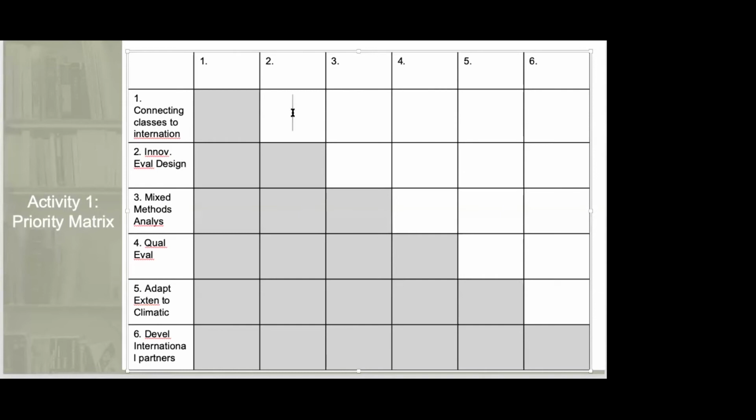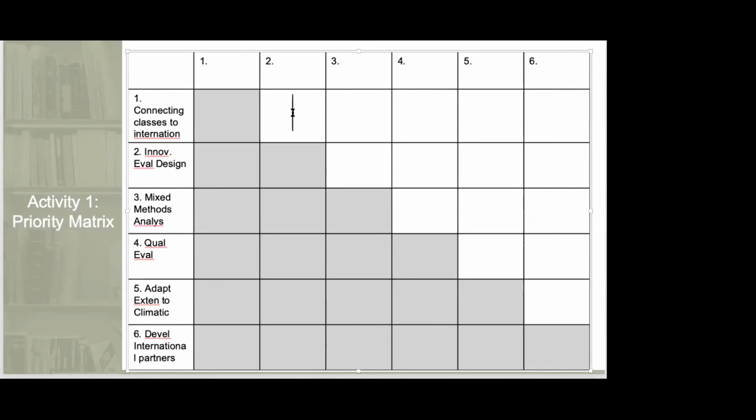So we're going to walk through a couple of these now as a group. I'll ask you those questions and ask that you vote by raising your hand using the raised hand function. And Dr. Bush, if you don't mind helping me count those. So again, as a professional or student, which professional development opportunity is of greater priority to you? Is it 1, connecting classes to international opportunities, or 2, innovative evaluation design?